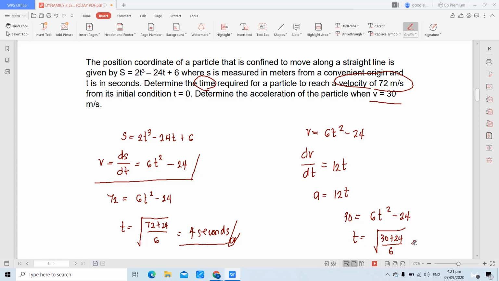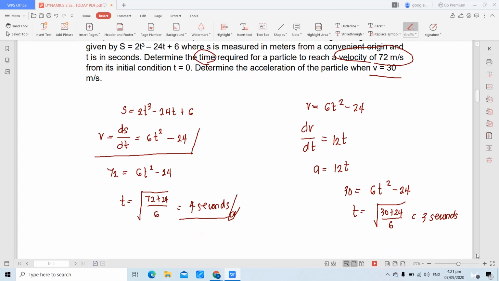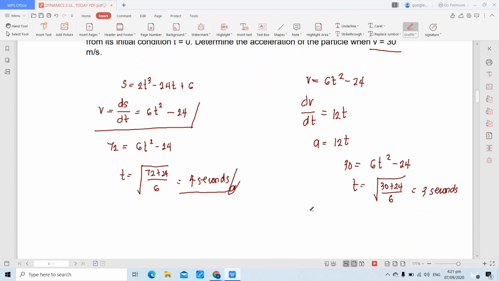Square root of 9 is 3. Okay. So, when the value of time is 3, you can now get the value of acceleration. Therefore, acceleration is 12 times 3, which is 36. The unit is meter per second squared. Questions po? That is case number 1.